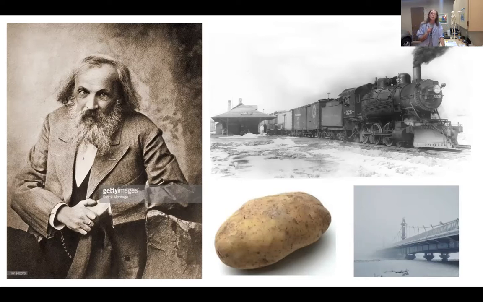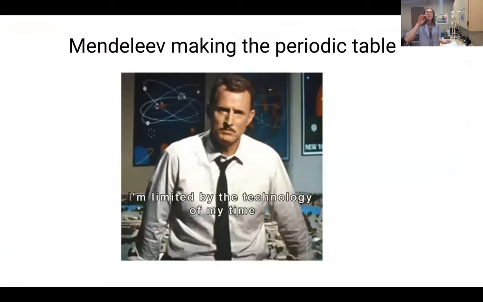And I think this is a reminder of a point that is necessary in order to understand where Mendeleev is coming from. The biggest point here is that Mendeleev is severely limited by the technology of his time. He doesn't have access to all the elements that we currently do. Here's our periodic table back here, with a whole ton of elements. He didn't have nearly as many.